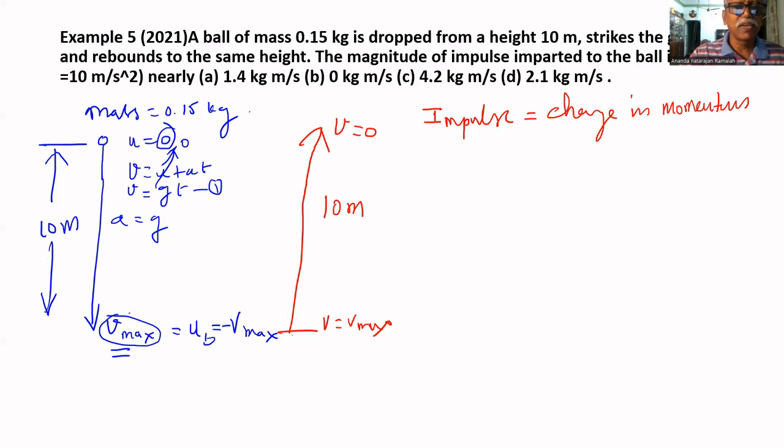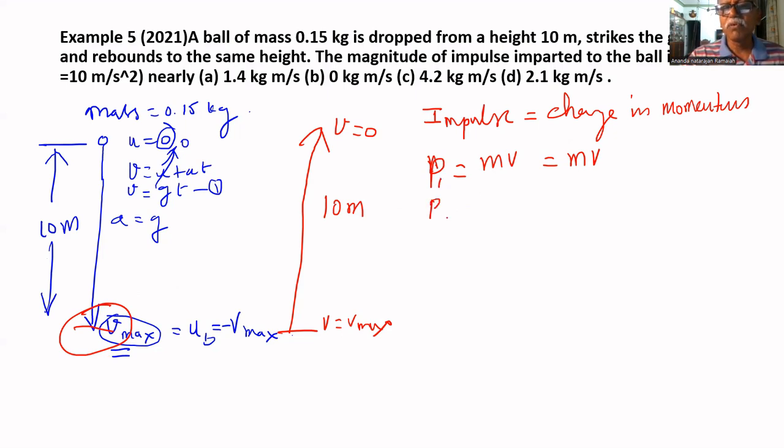Change in momentum means, while hitting, what is the momentum? Momentum P equal to mass into velocity, that is mv. While hitting that floor, its momentum is mv.